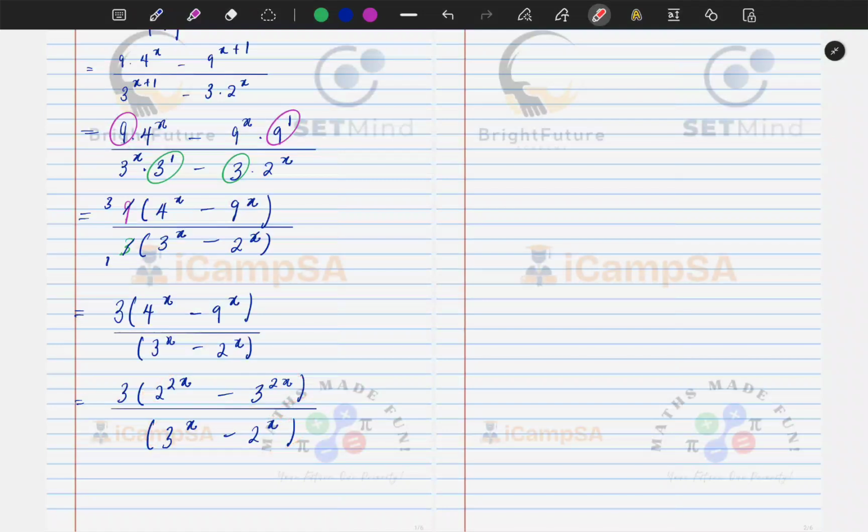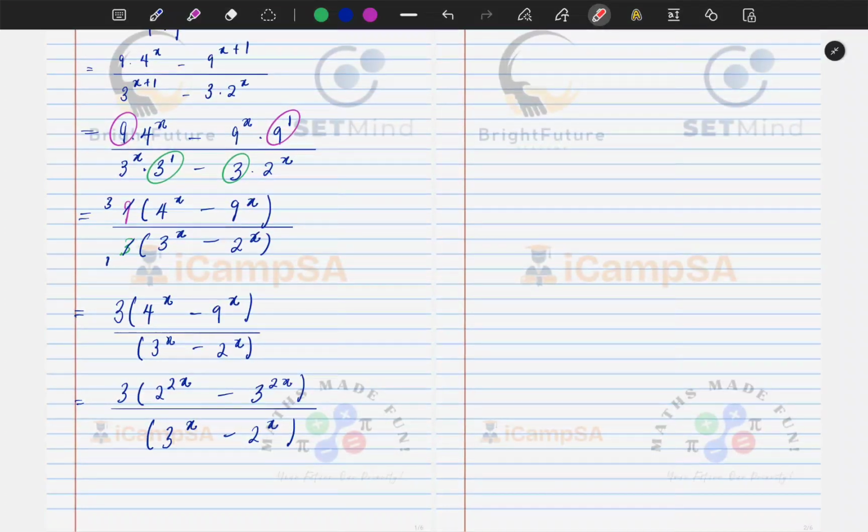Here you have 3 raised to the power of 2x, and here you also have 3 raised to the power of x, but the 3 raised to the power of 2x is negative, while here it's positive. The same here, it's positive, and here it's negative.